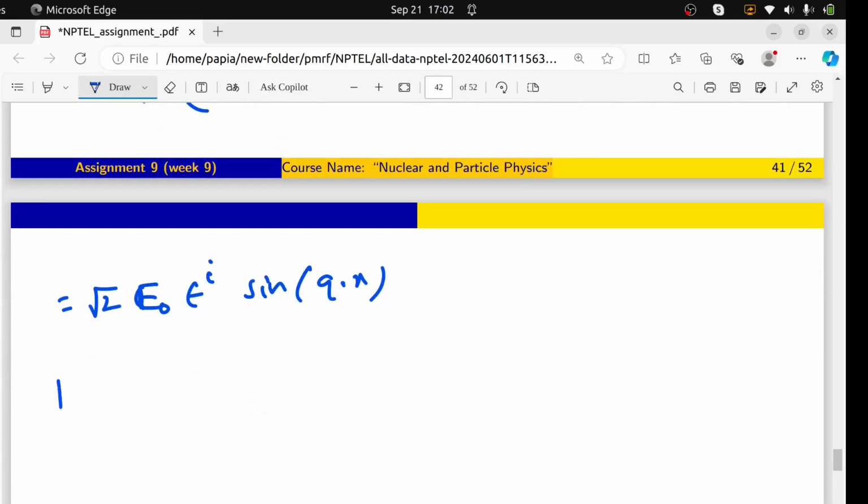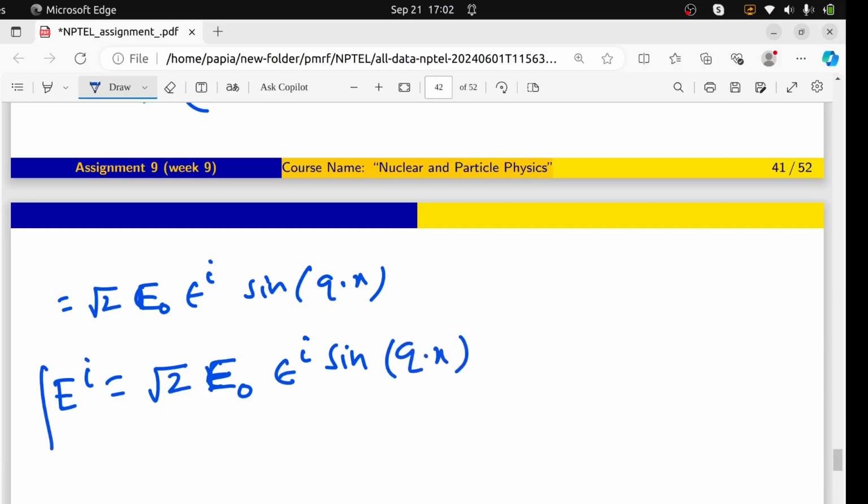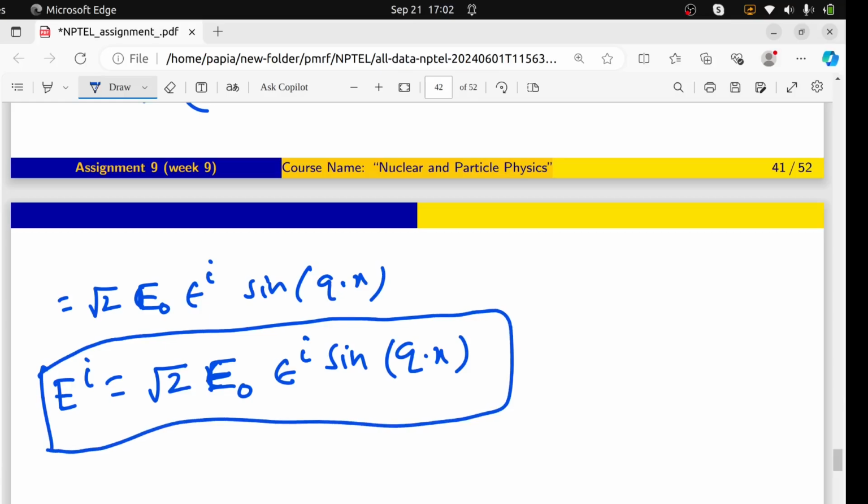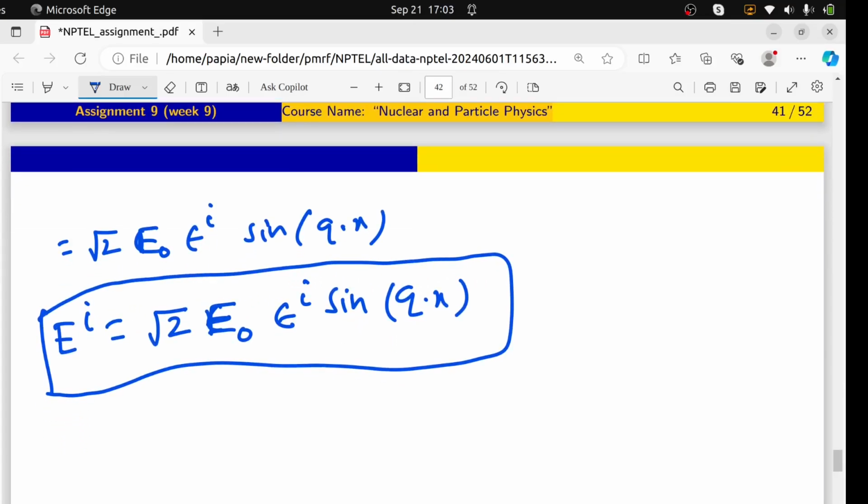Okay, so we got the expression for ei as root 2 e0 epsilon I sin q dot x. Now e1. e1 is root 2 e0 epsilon 1 sin q dot x.